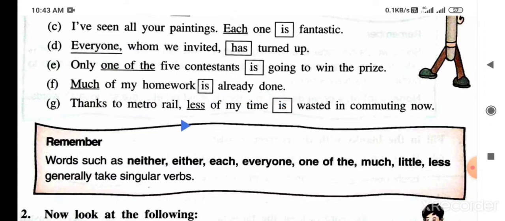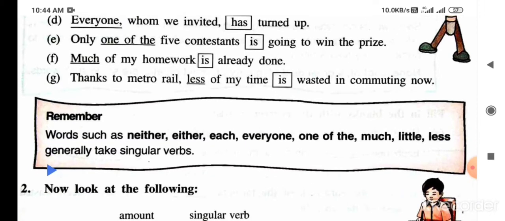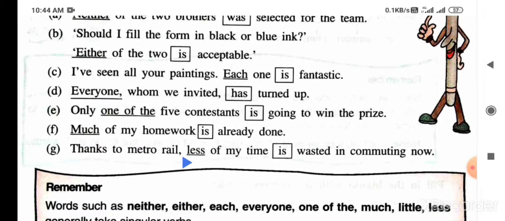Thanks to Metro Rail, less of my time is wasted in commuting now. Now you see words such as neither, either, each, everyone, one of the, much, little, less generally take singular verb. तो ये सभी वर्ड्स के लिए हम लोगों ने singular verb का यूज़ किया है.